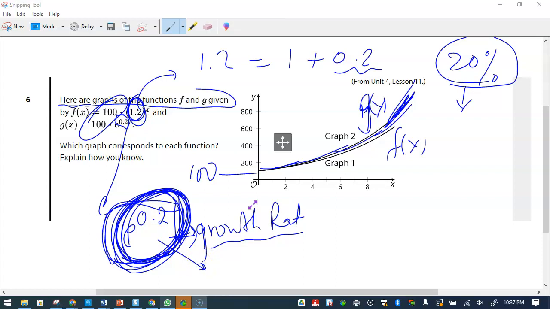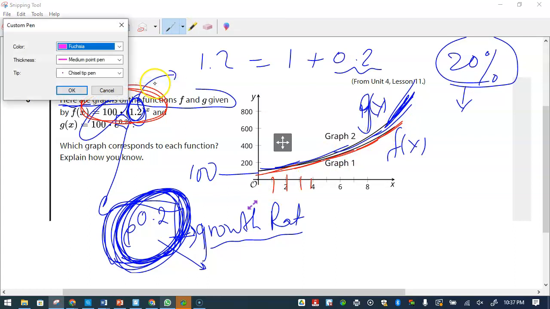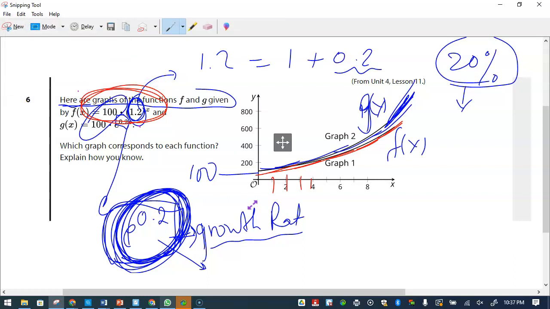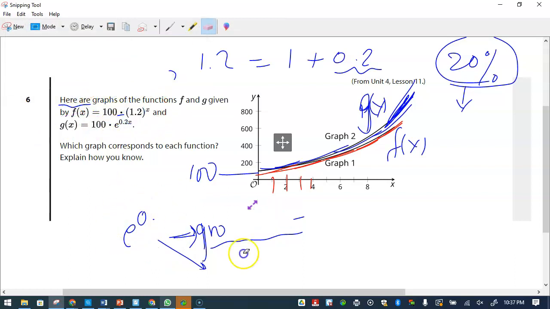So what it means is for the function f, the growth is done every 1, 2, 3, 4 like that. But for the function g, because there's an e there, look at this e there.